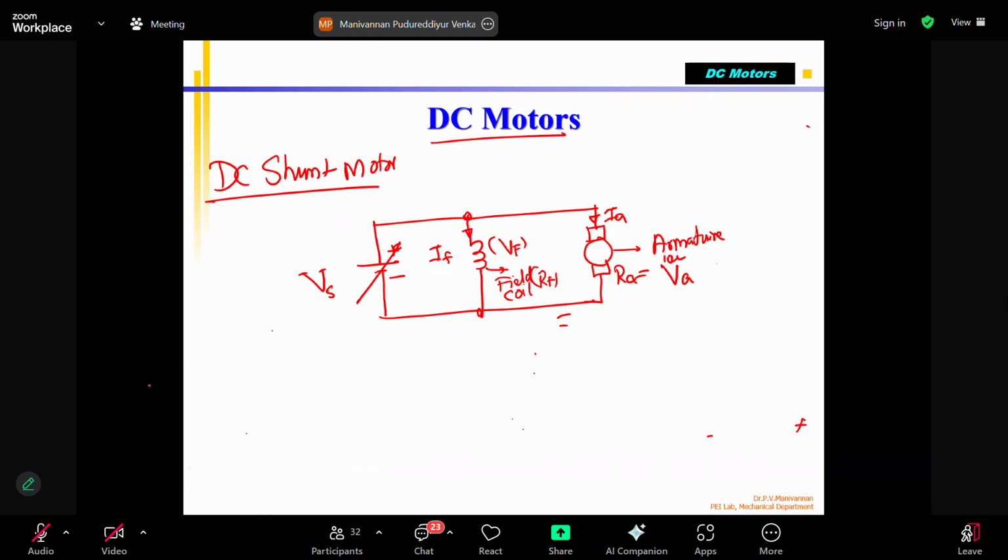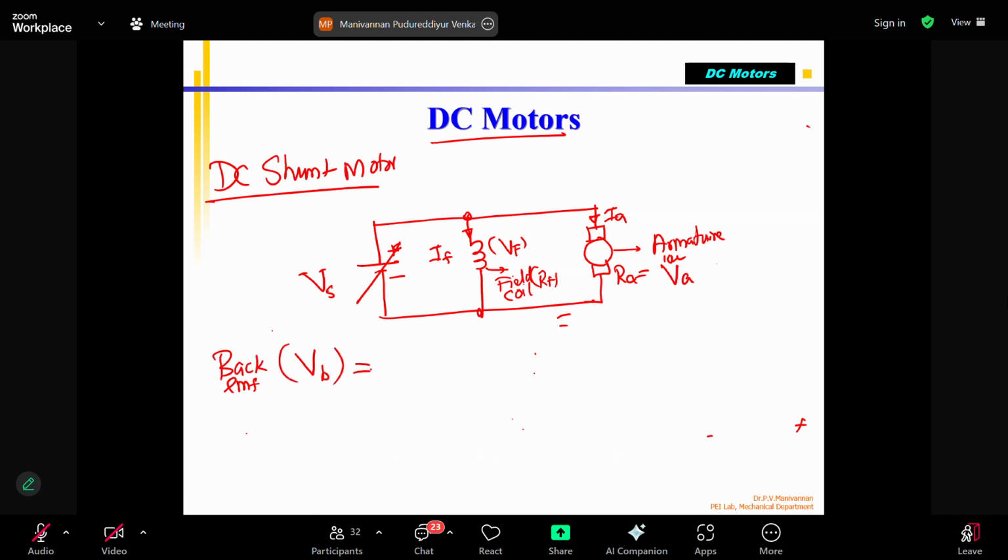Now, since V supply is applied, another thing to know in motors, specifically in a DC motor, is what you call back EMF, which is generally referred to as VB.